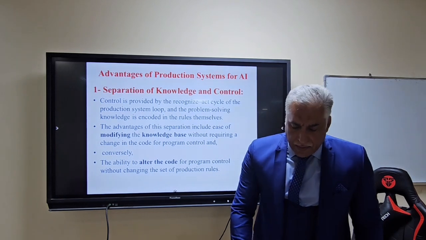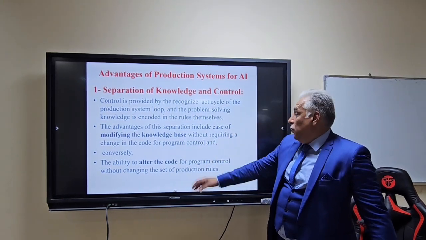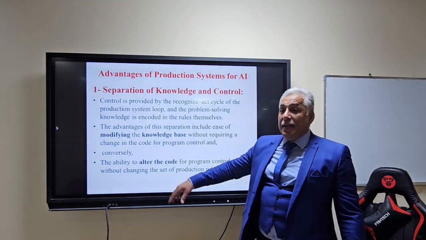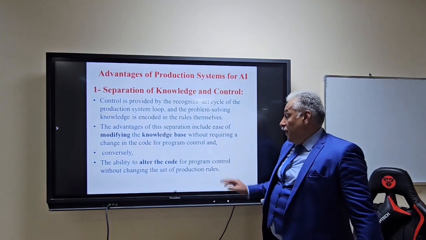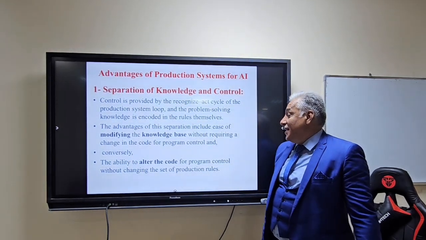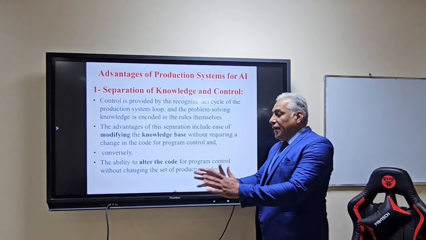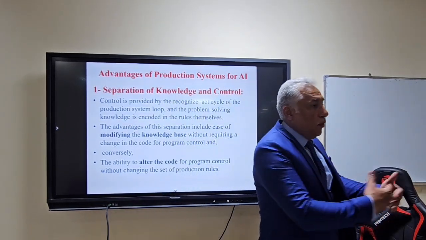The advantage of this separation includes ease of modifying the knowledge base without requiring change in the code of the program control, and conversely, the ability to alter the code for the program control without changing the set of production rules. I will be changing only the written code instead of changing the working memory.